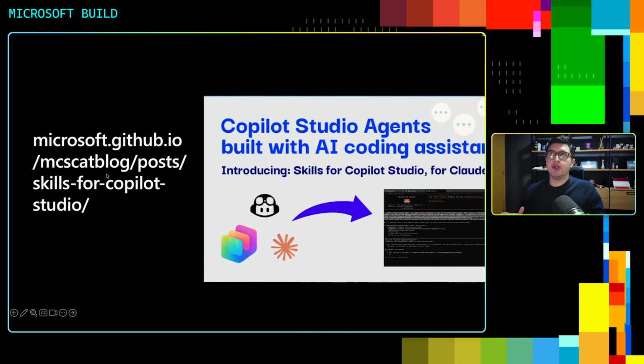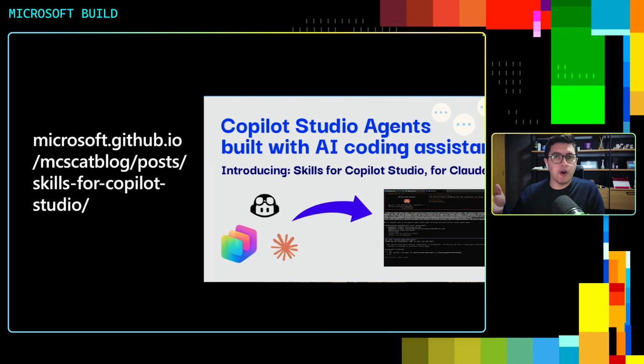This is not a skill that Renato builds for people. I'm just teaching you how to use the skills built by Microsoft employees. Microsoft employees are building different skills, not only for Copilot Studio.